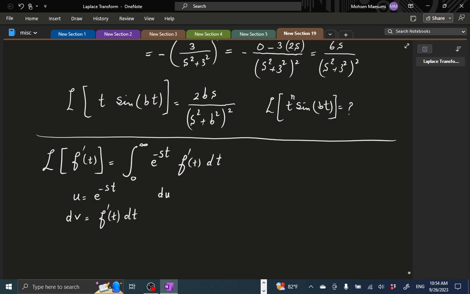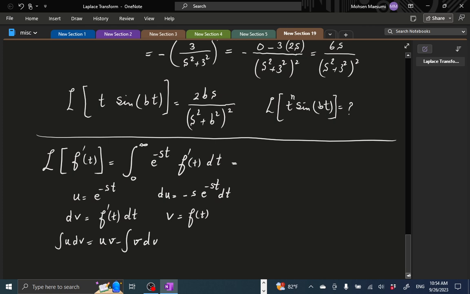Therefore du becomes minus s, since we are taking the derivative with respect to t now, so s is a constant and comes out, exponential of minus st dt. And v, well, I have the derivative of v, so v itself is going to be just f of t. So what we are using is that the integral of u dv is uv minus the integral of v du.